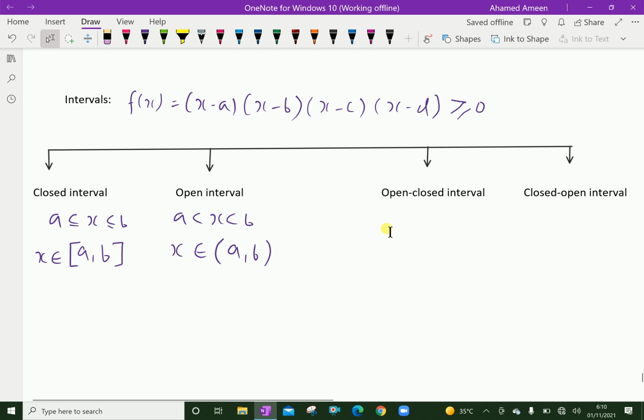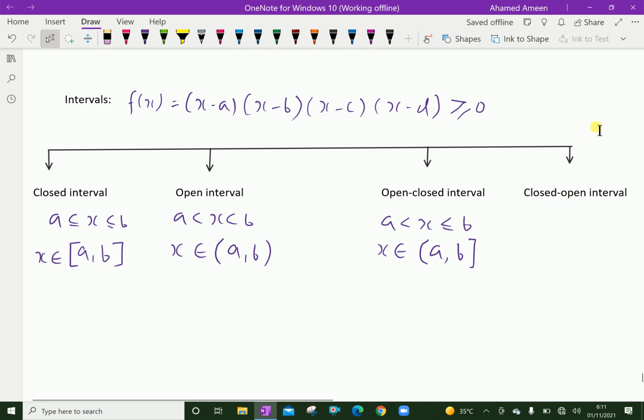Open closed interval means a is lesser than x and lesser or equal to b. Symbolically, you can write this as x is an element of open interval a and closed interval b. One side is a curved bracket, the other is a square bracket. Third one, closed open interval.